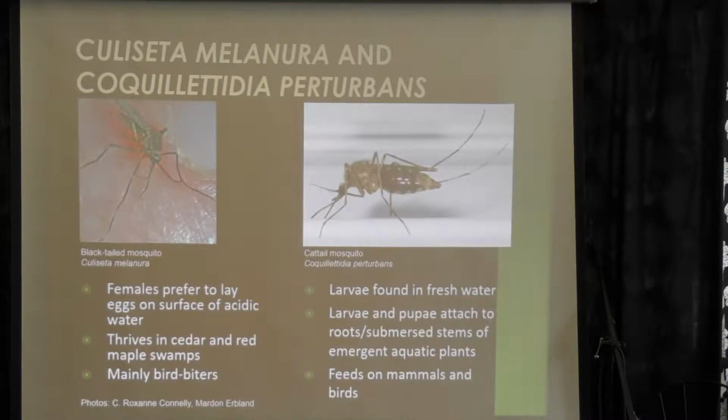It's also one of the reasons why it's really hard to treat for Culiseta melanura, because if you know that you have a pond or the edge of a stream that has a mosquito infestation, then you can get in there and spray, or apply a larvicide to the water so that you can kill all the larvae.